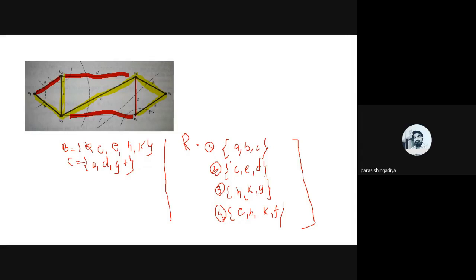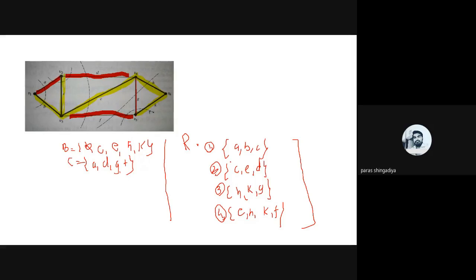Is it clear to all of you? Is there any doubt? Is the definition clear? Is there any doubt to anyone?